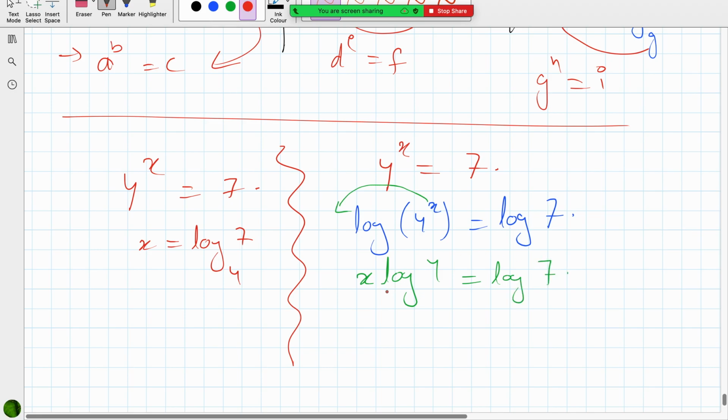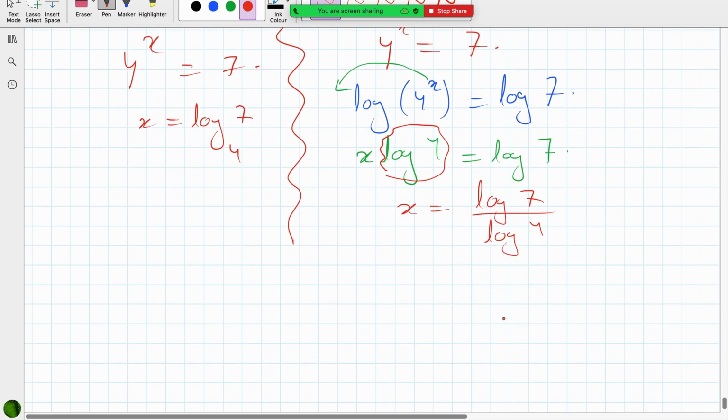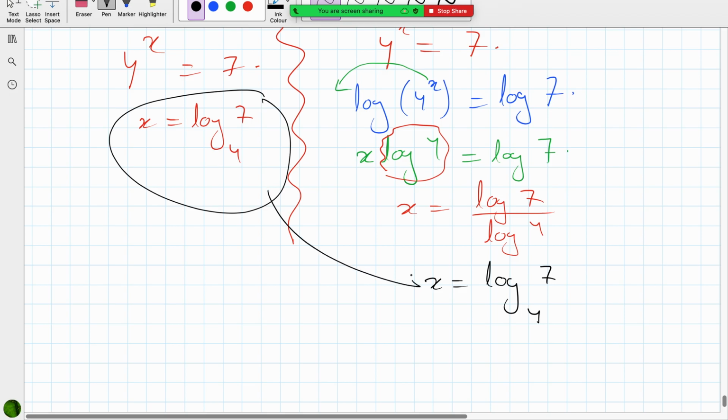Now we were working for x, so I'm dividing on the other side. So x is equal to log of 7 divided by log of 4. And we know we can write it in simplified form, which is x is equal to log of 7 to base 4. You may choose any path, the final answer will be the same.